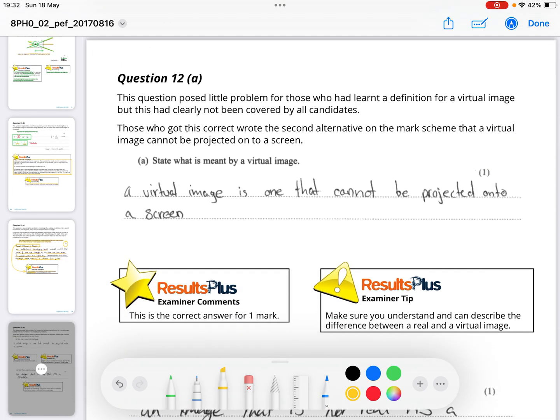Question 12a is then about a mirage that forms on a road, and they're asking initially, what is meant by a virtual image? Well, I always like to say a virtual image is one that cannot be projected onto a screen, and a real image is one that can be.